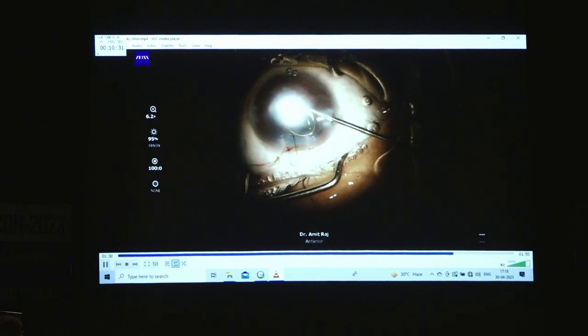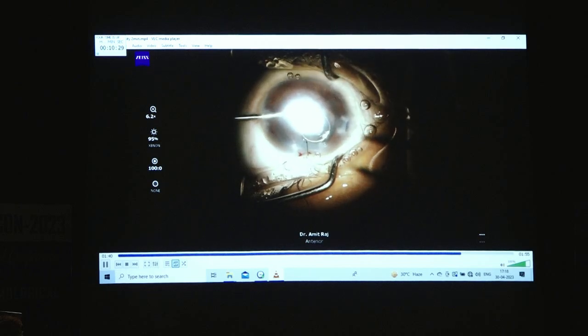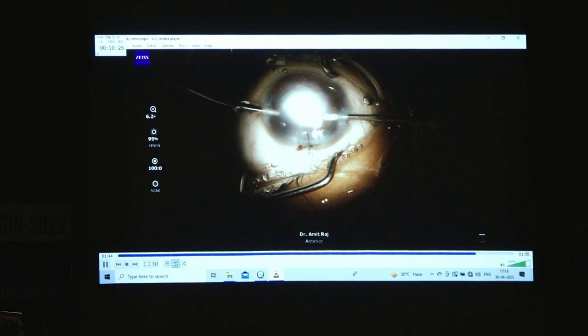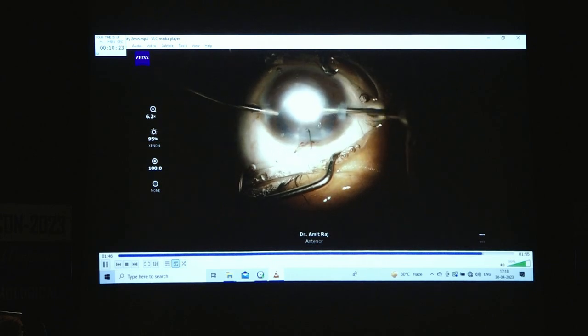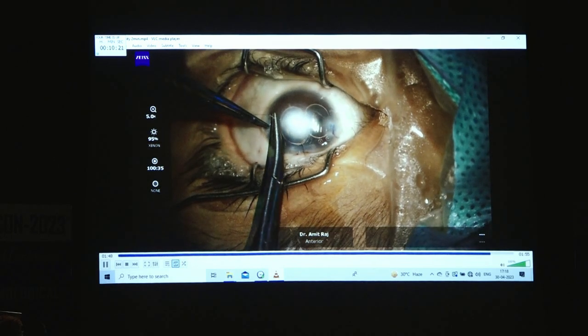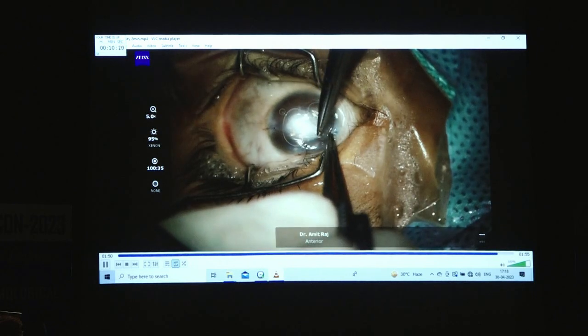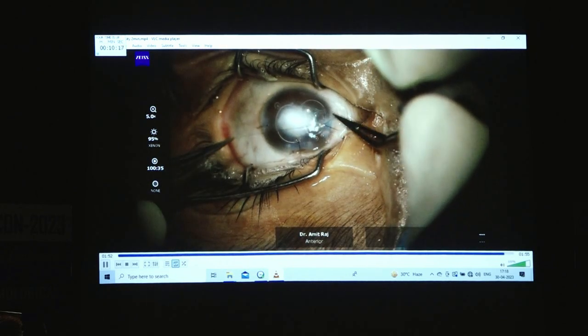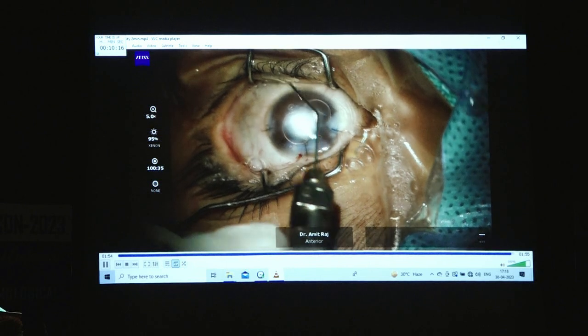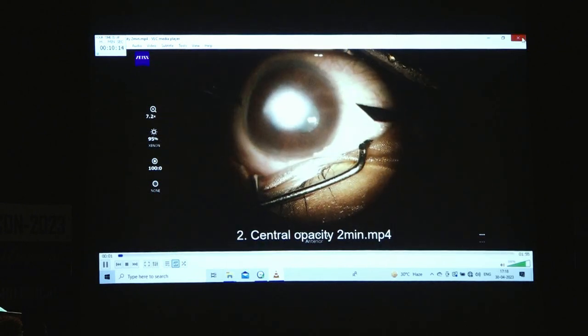Then optical iridectomy was done in the clear area on both sides. This completes our surgery. Thank you.